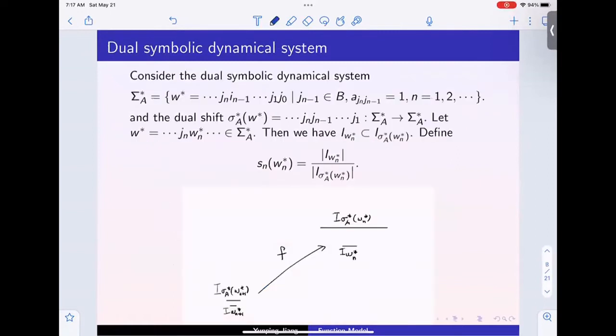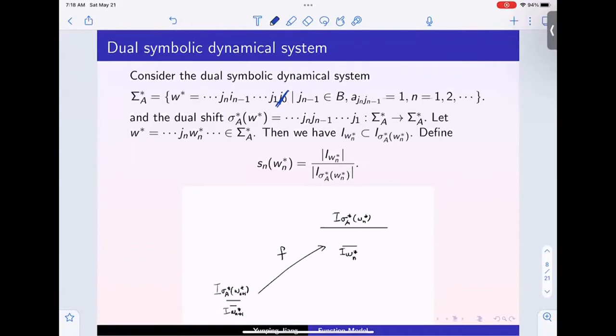So now let's talk about something called the dual symbolic space. What is the dual symbolic space? First, when we do the symbolic space, we read a digit from left to right. But now we read a digit from right to left. We have exactly the same symbolic space, but the shift now just knocks off the rightmost one.